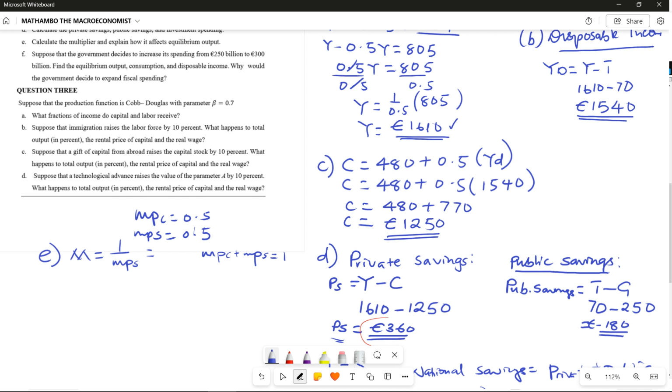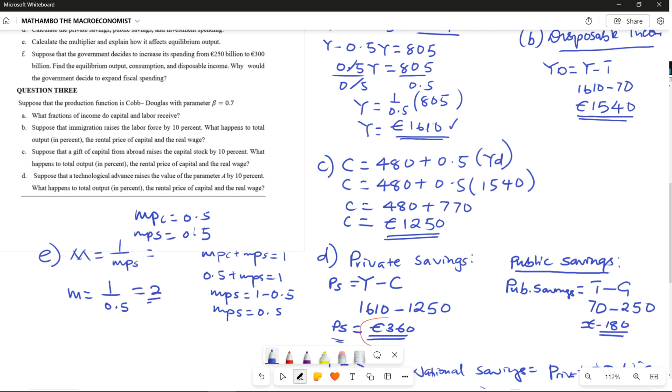So MPS is 1 minus 0.5, which is 0.5, meaning that our multiplier will just be 1 divided by 0.5, which gives you 2.